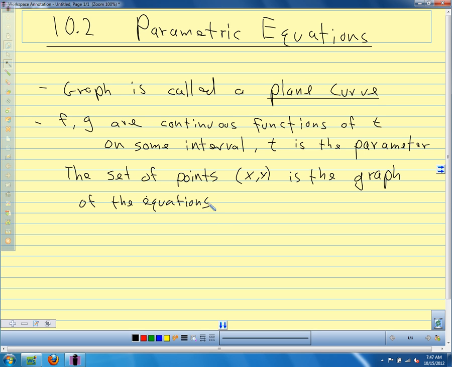And the graph along with the equations, just so we have this terminology clear, the graph with the equations is what we call the plane curve.